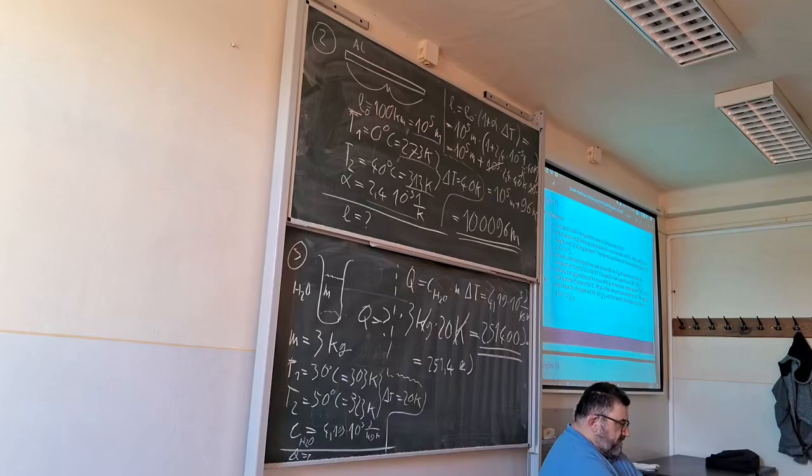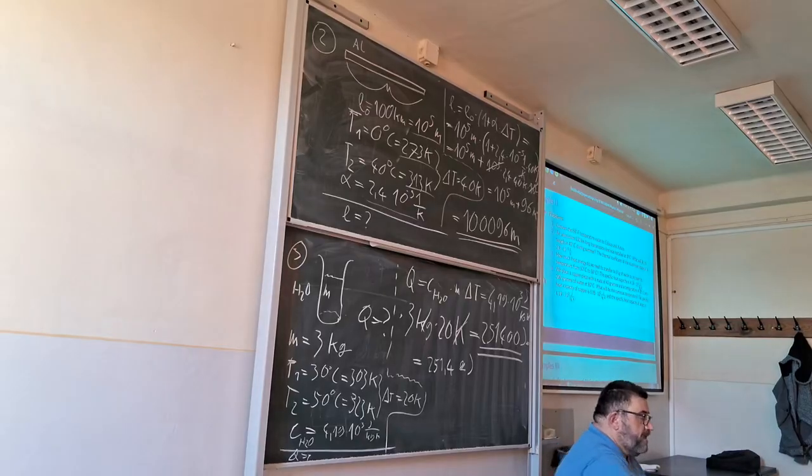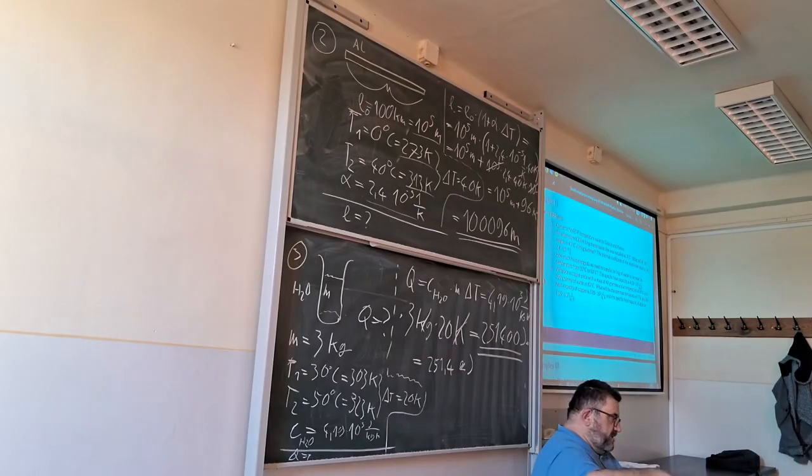The specific heat capacity of copper is that one, and the specific heat capacity of water is that one. It's just Q1 equals Q2, isn't it? Yes. So they will exchange the heat.